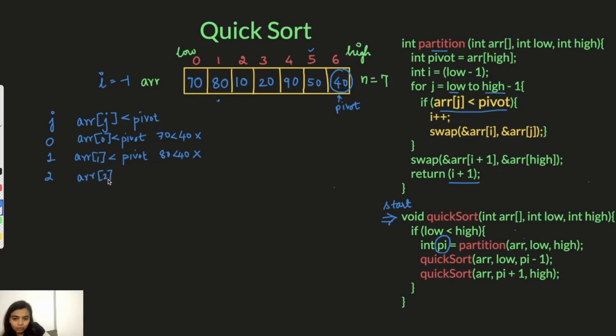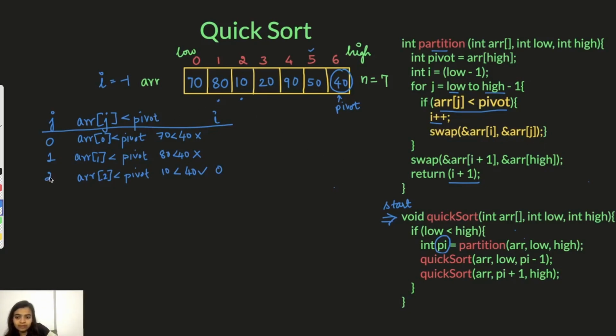Is array of 2 less than the pivot? Array of 2 is 10. Is it less than 40? Yes. So now we do i plus plus. So now i becomes 0 and we swap the ith and jth index elements.